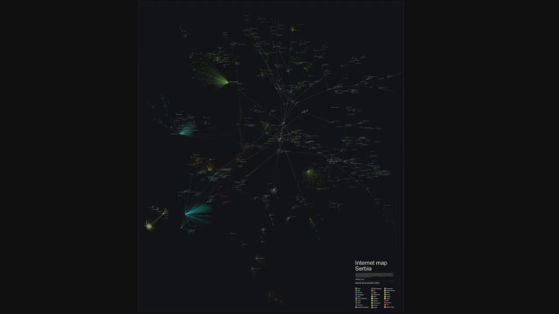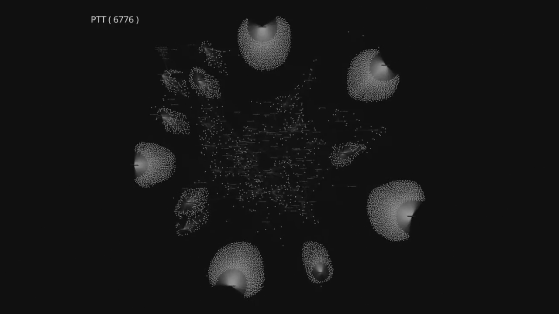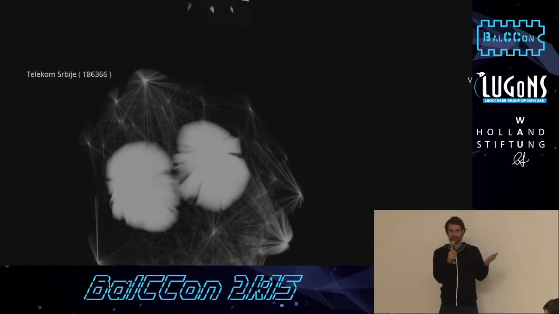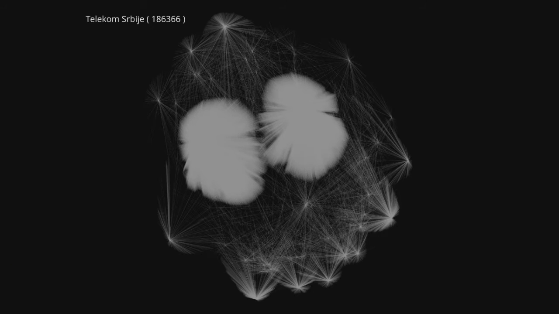Can we go back on Telekom? So, yeah. But except for this visual part, that it looks really cool and like space, the question is what we can do about that, how we can read those maps. The main thing here is that you can see, for example, two big balls.